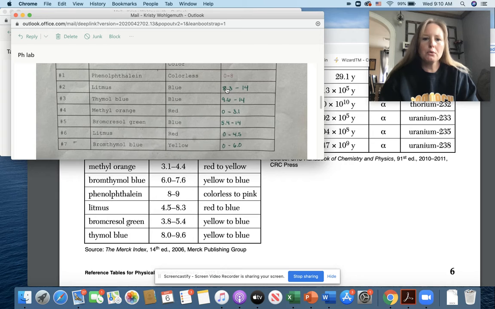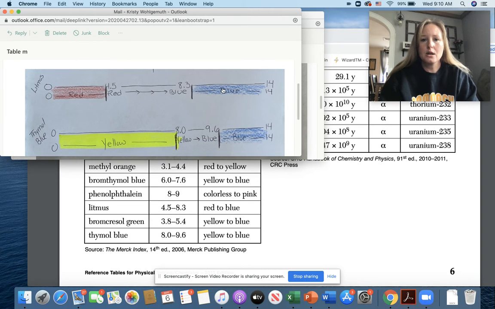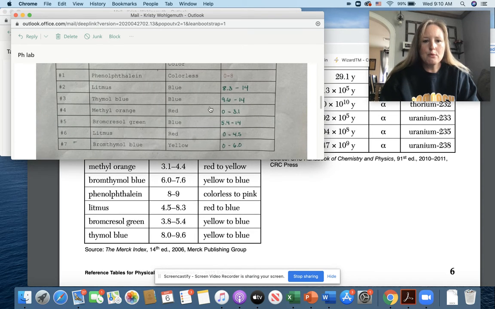So litmus blue, well, we just talked about litmus. 8.3 or higher is when it's going to be blue. It's going to be blue after we hit 8.3 and continue all the way up to 14. Thymol blue will be blue at 9.6 to 14. Methyl orange will turn red from 0 to 3.1.